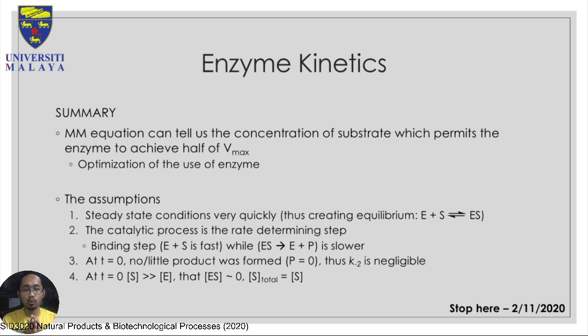As I mentioned, you don't want to reach Vmax, but by calculating Vmax you can know the half of Vmax, or by calculating Km you can always predict, because it's a mathematical expression, and at any given point you can know the other values, provided that you know some of the information. Thus you can optimize the use of enzyme for your bioreactor and for your industrial application.